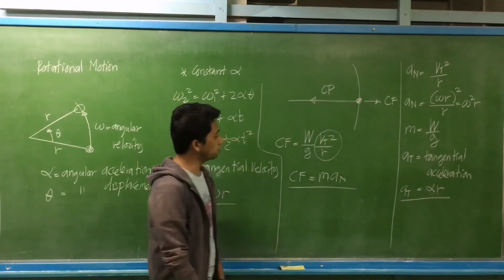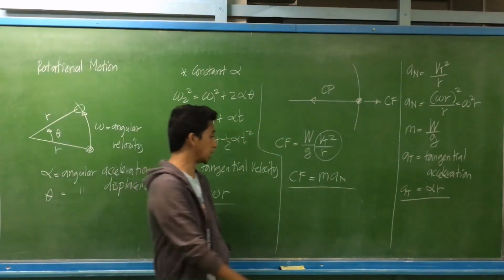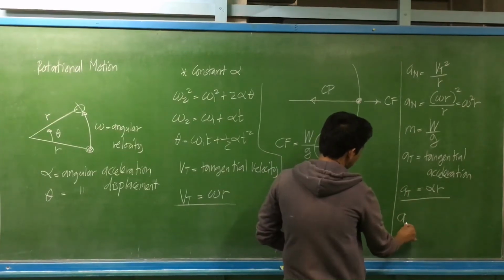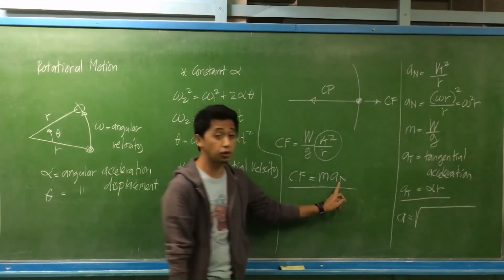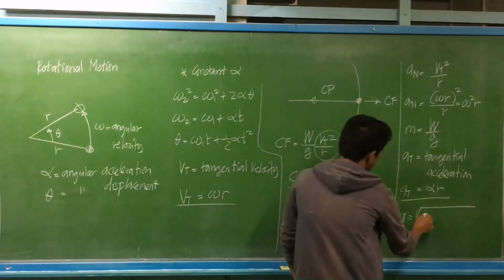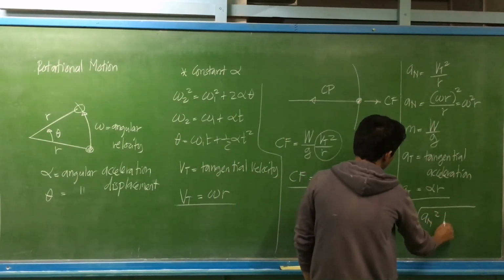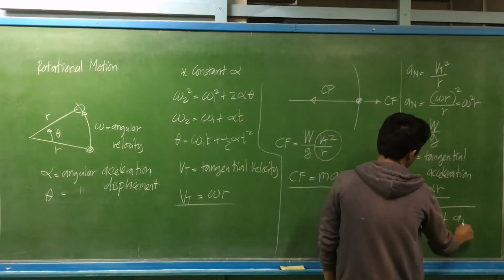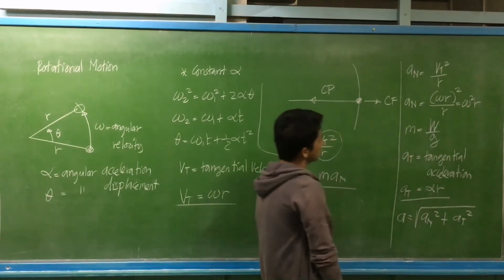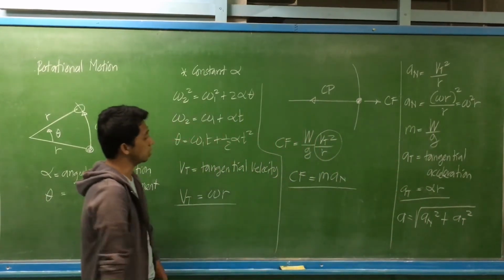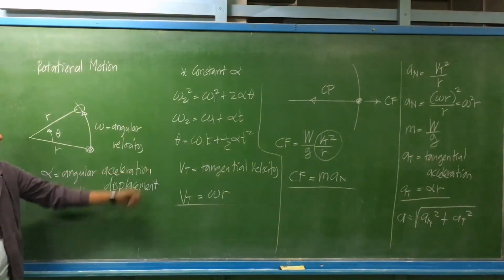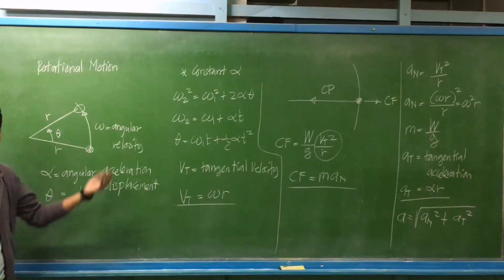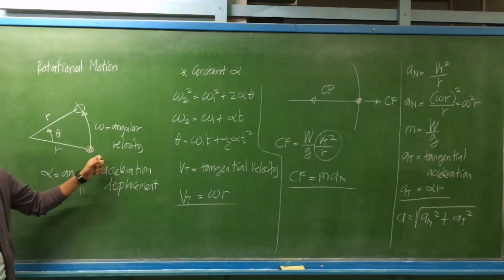To compute the total acceleration, that is the square root of the normal acceleration squared plus the tangential acceleration squared. So these are the terms to be considered if we are dealing with a body in circular motion or moving over a curved path.